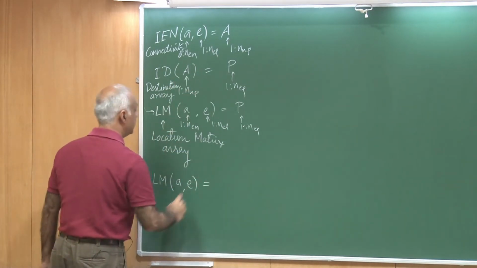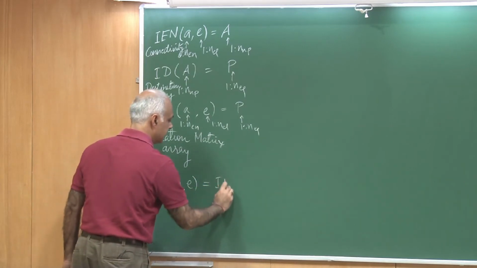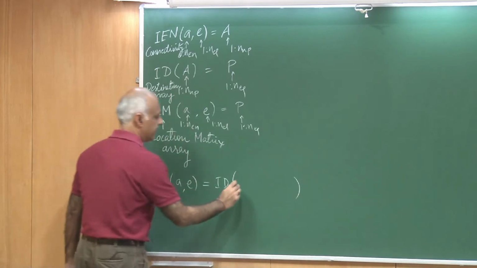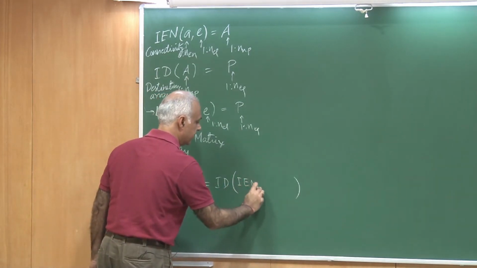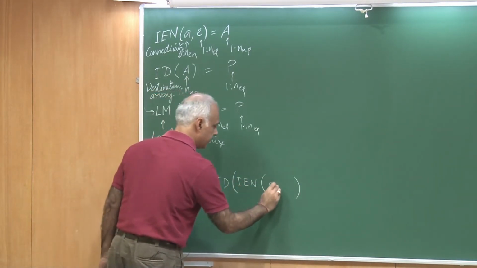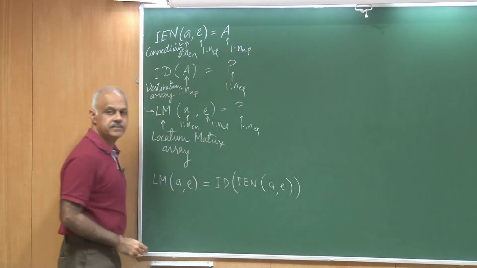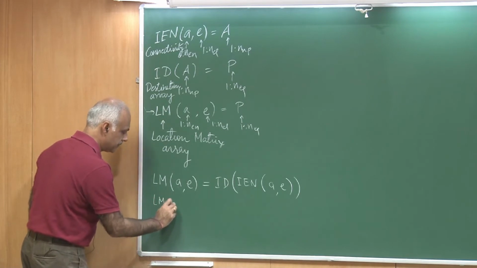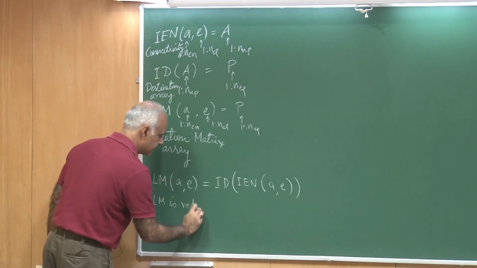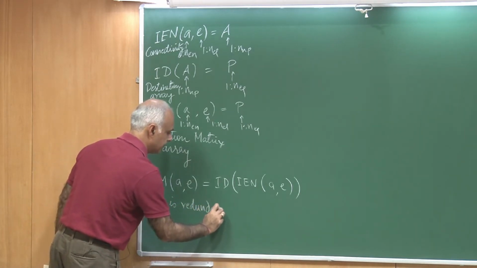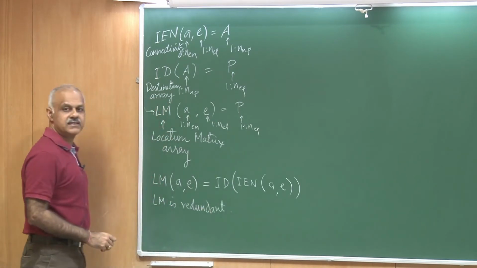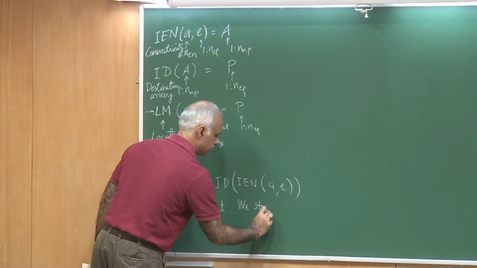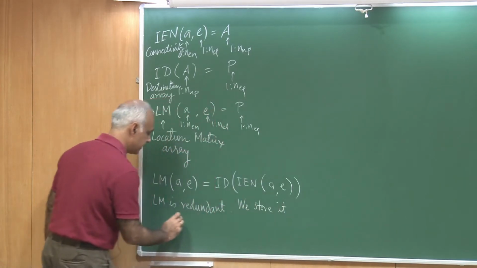So, this in fact can be written as the ID of A, and that is essentially IEN of A comma E. So, in that sense, LM is redundant. Nevertheless, we store it for efficiency.